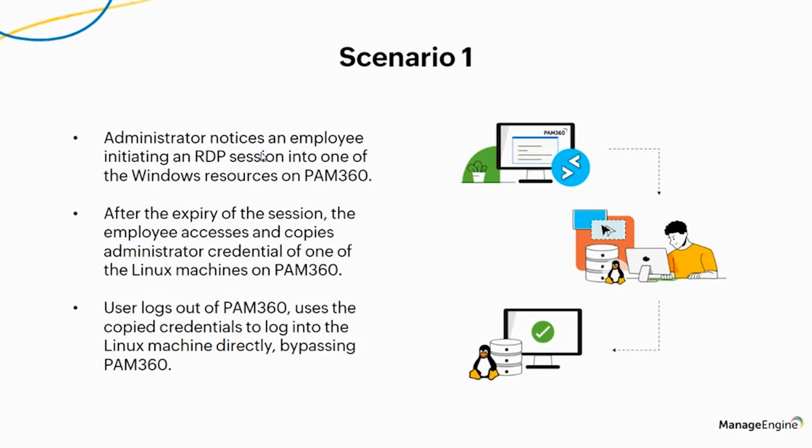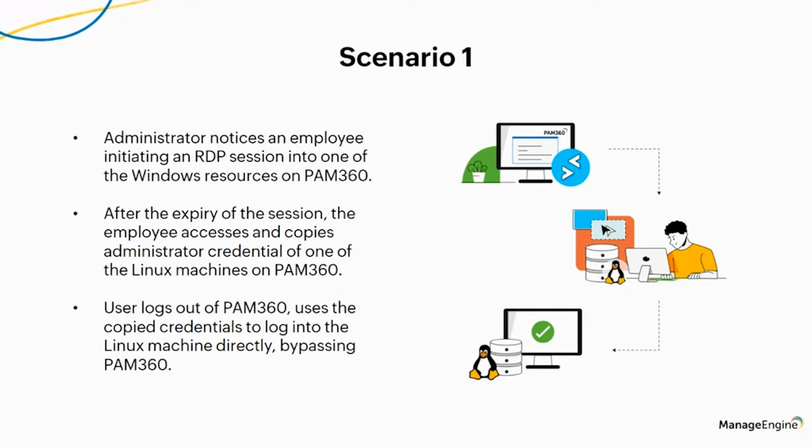password, right? So PAM360's integration will leverage BI solution's capability where the BI solution will clearly detect this as an anomaly. Right? The user never touched a Linux password before, and today they've decided to touch the Linux password.